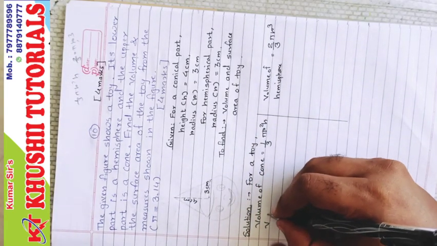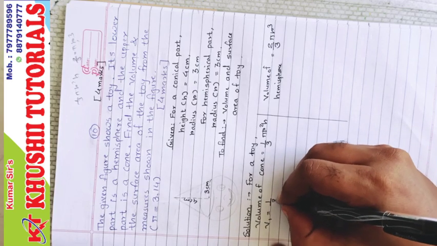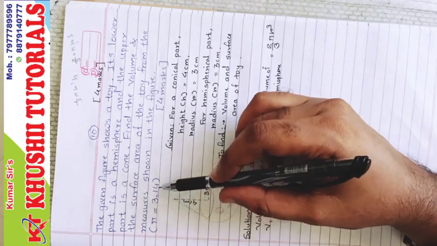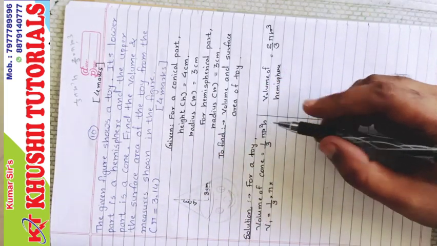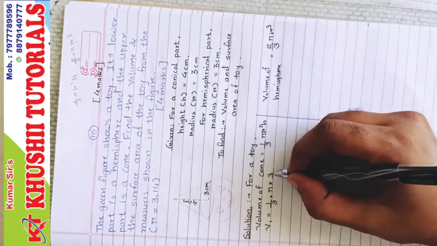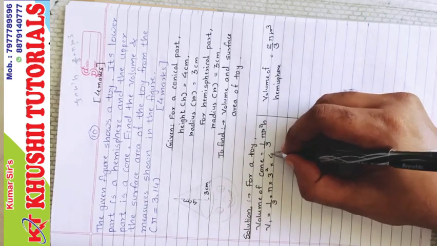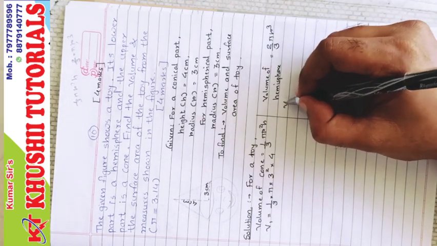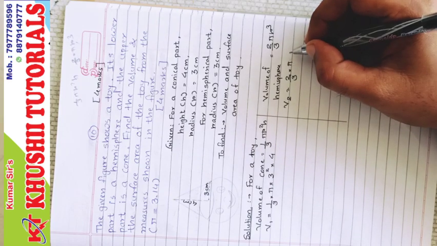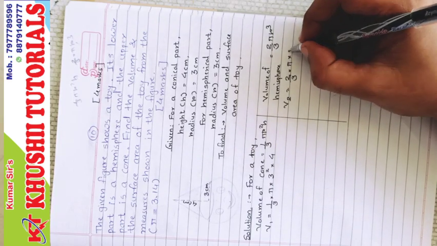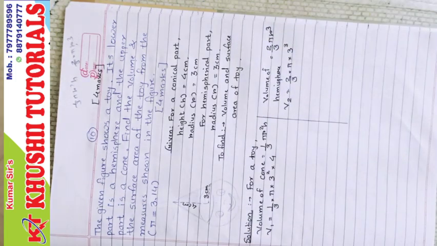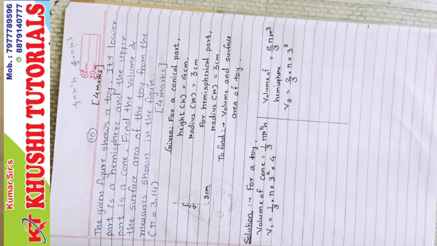Now volume of cone V1 is 1/3. We will not substitute the value of pi. I know pi is 3.14, but right now we will not substitute. R for the toy is 3 square and height is 4, that is V1. And volume of hemisphere V2 is 2/3 pi. Radius is 3 again, but 3 cube. So V1 and V2.